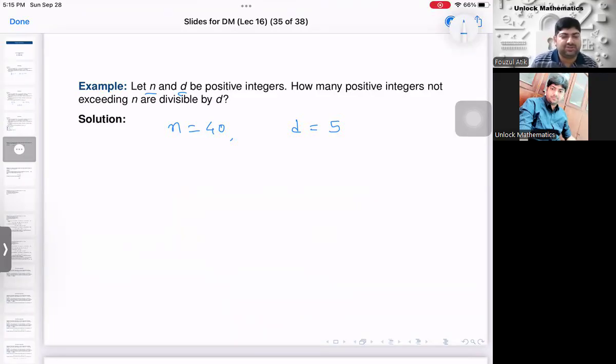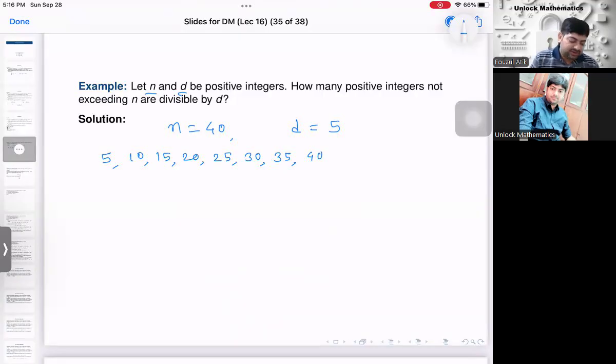All the integers divisible by 5 are 5, 10, 15, 20, 25, 30, 35, then 40. How many such numbers are there? 1, 2, 3, 4, 5, 6, 7, 8. So we have 8 positive integers.